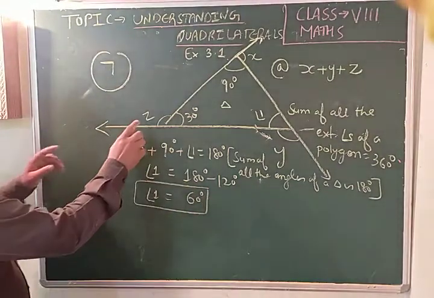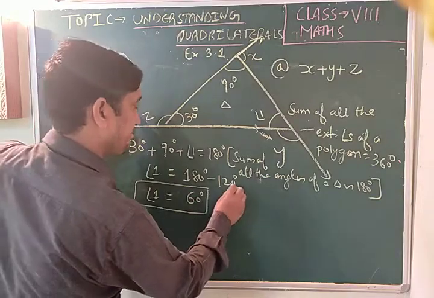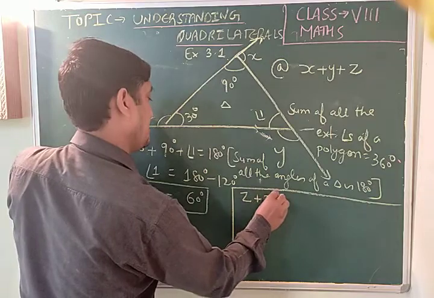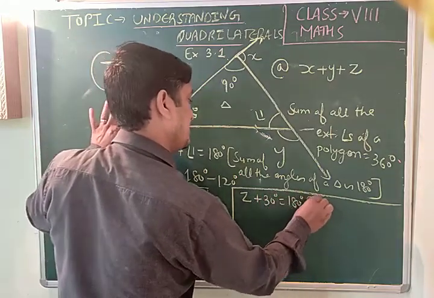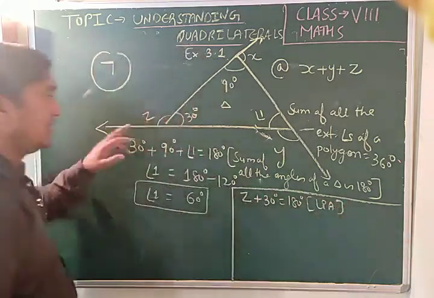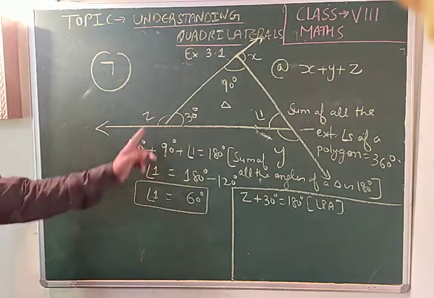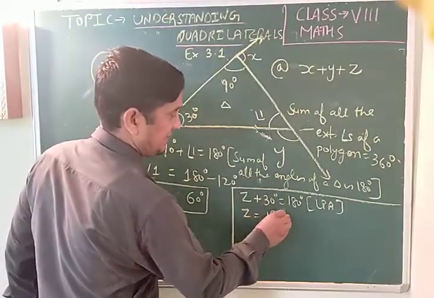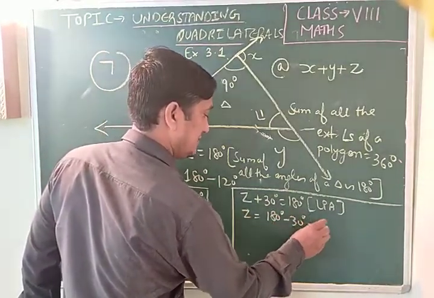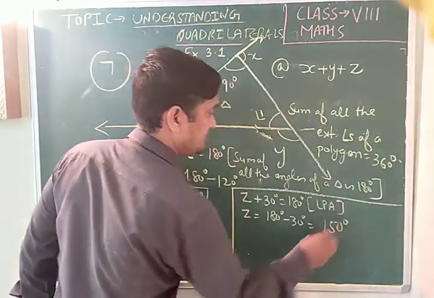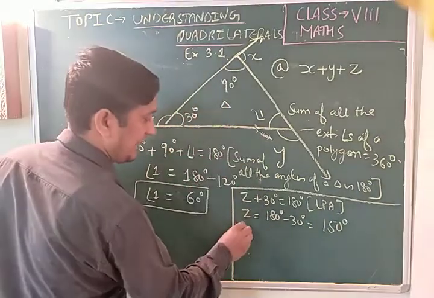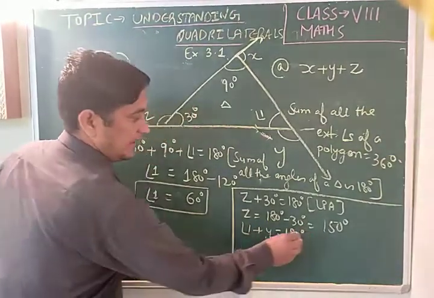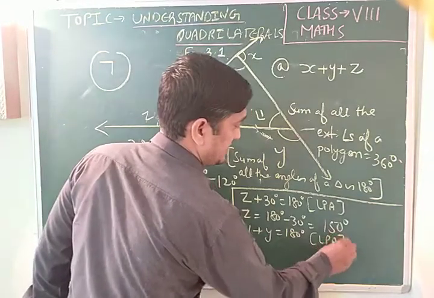Now children, see this: z plus 30 equals 180 degree. Linear pair axiom: angles formed on a straight line always add up to 180 degree. So the value of z is 180 minus 30, that is 150 degree. Similarly, angle 1 plus angle y is also 180 degree, linear pair axiom.